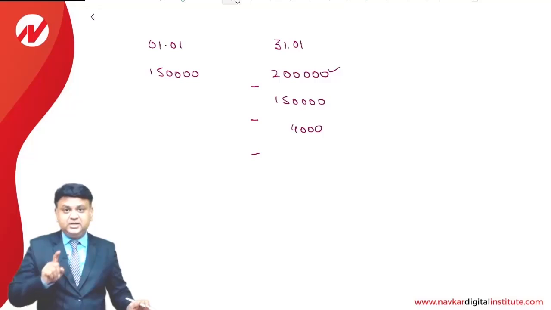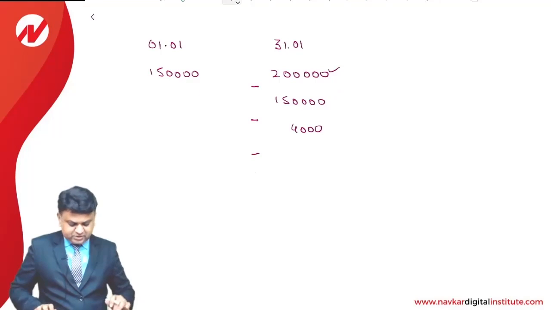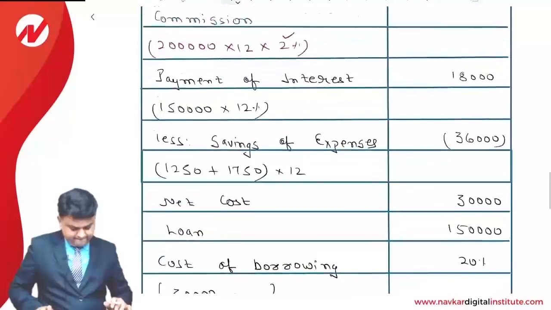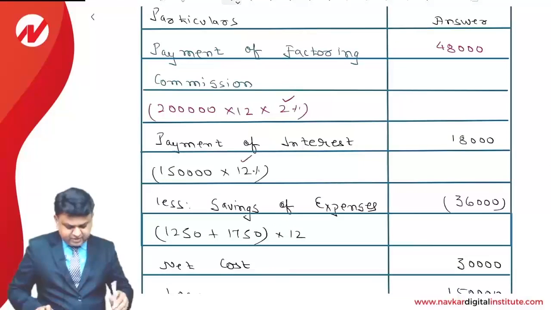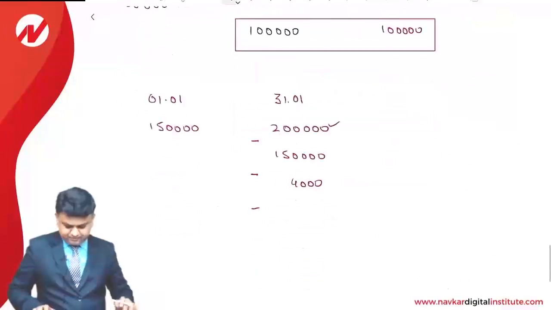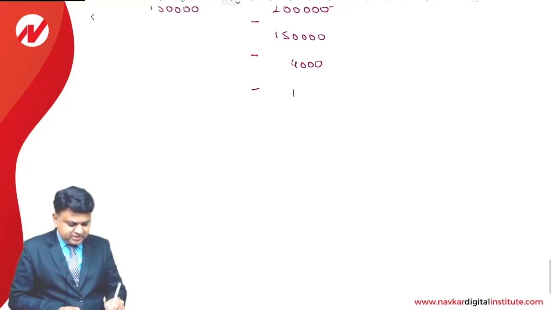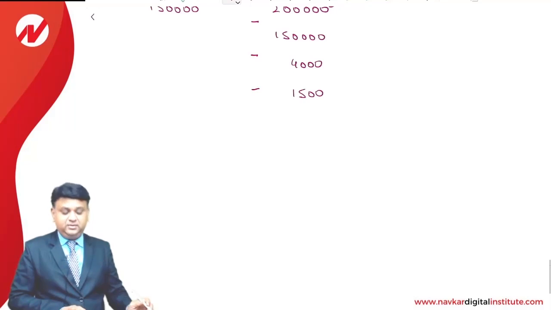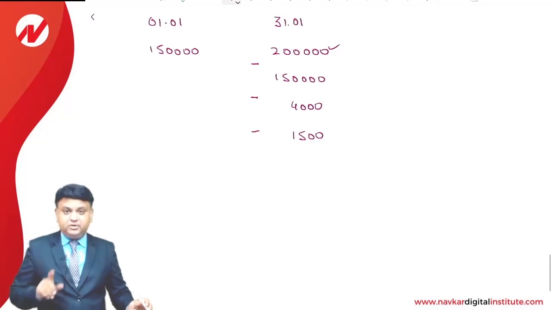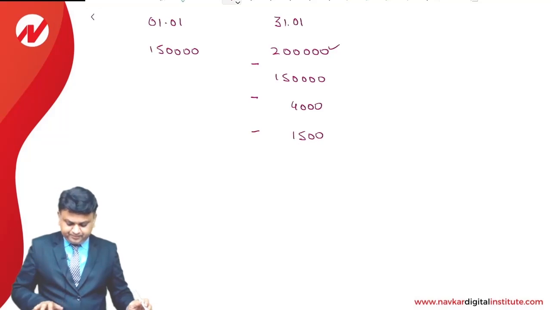And the factor will deduct the interest. It is 1,50,000 into the rate of interest, which is 12%, divided by 12. So the amount of interest that will be deducted will be 1,500. And this is the amount that the factor will give to you. So 2 lakhs minus 1,50,000 minus 4,000 minus 1,500.